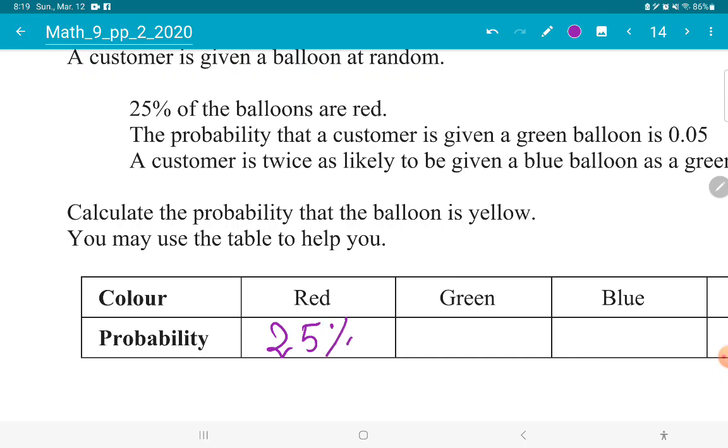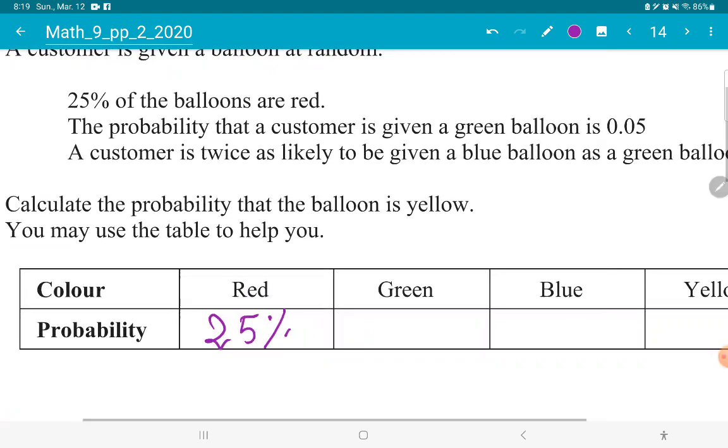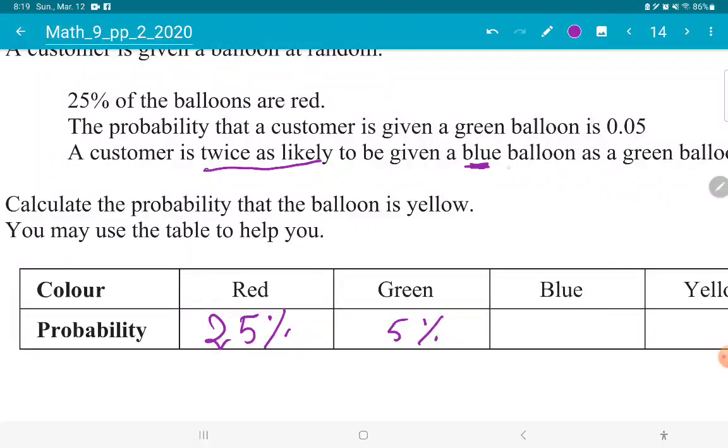And then the probability that the customer is given a green one is 5%. And a customer is twice as likely, it means the probability is double, to be given a blue. The blue has double the probability of the green.